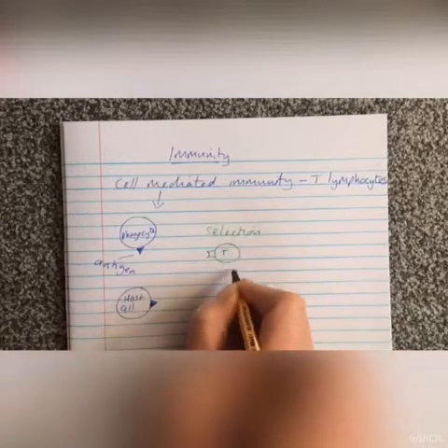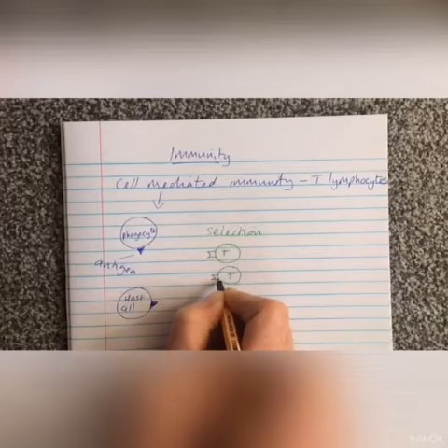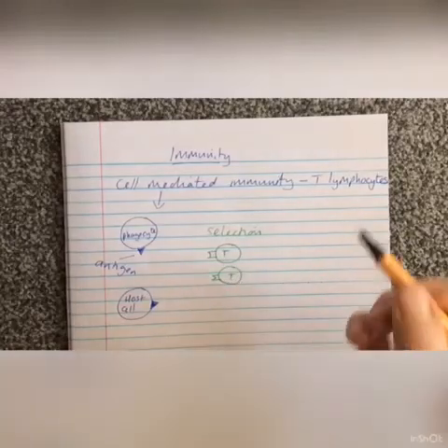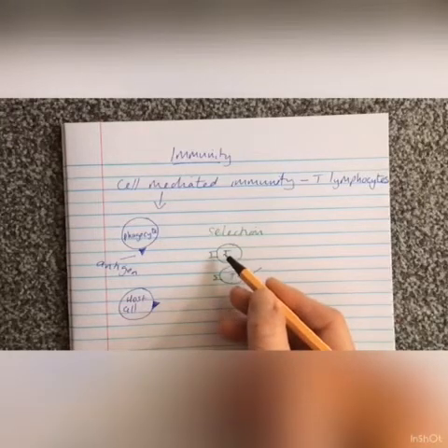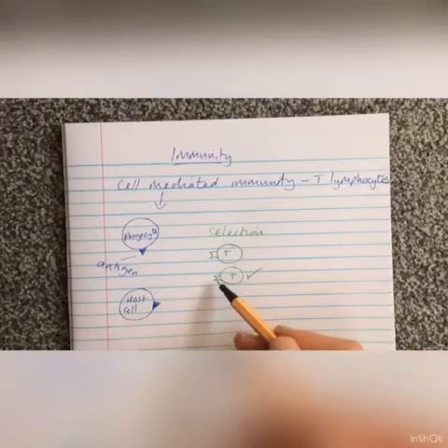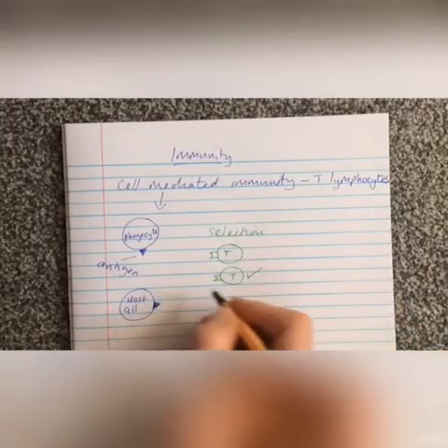So all T lymphocytes have receptors on them, and I'm not going to draw a ton of them, but I'll just draw two. But you can see from my diagram that this T lymphocyte has a receptor that is complementary to the antigen, whereas this one doesn't. Okay, so the first stage is selection of your T lymphocyte, the one which has got the complementary receptor.